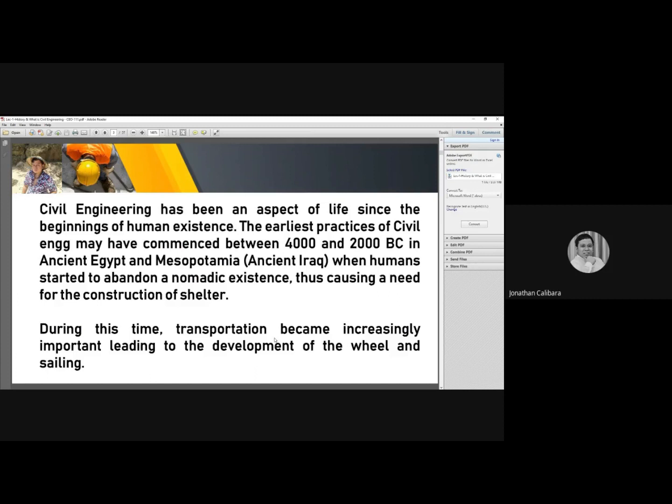When you talk about sailing, it talks about the ocean or the river, used for transportation going from one place to another. So like boats, there are changes in the system of transportation also.